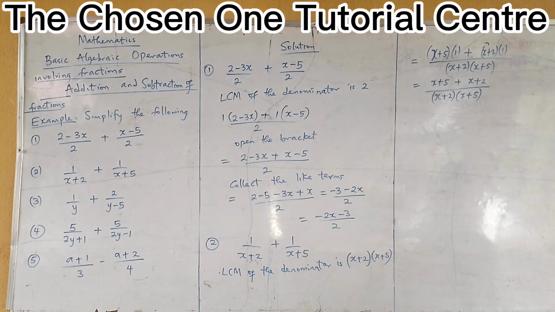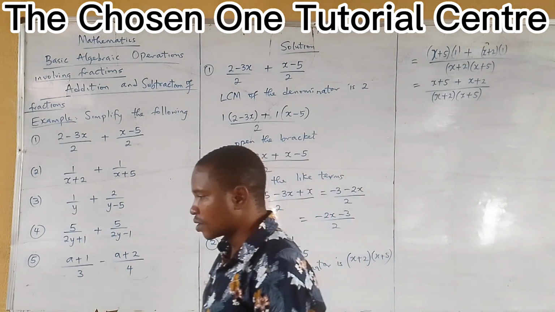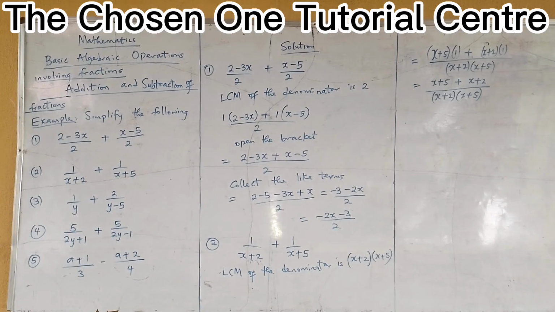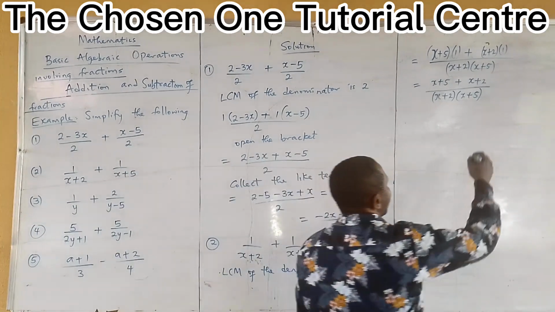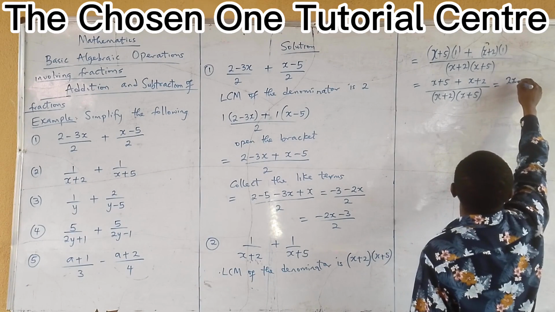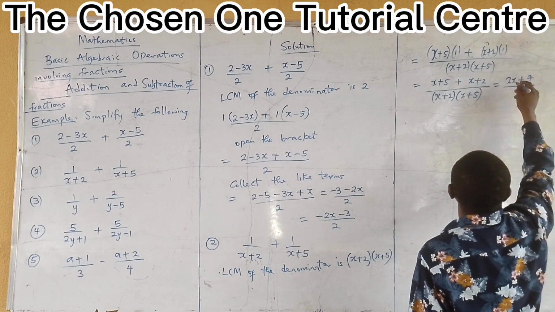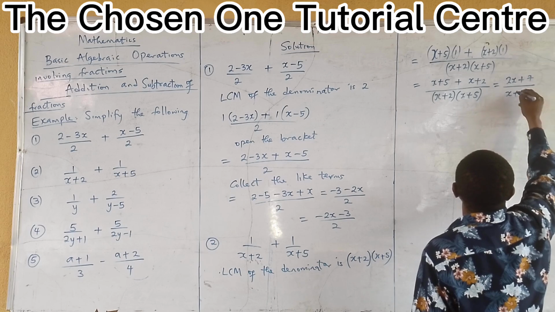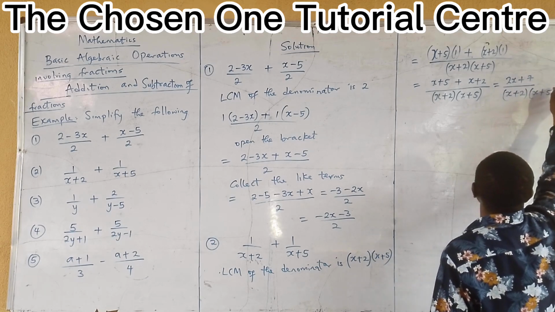I always encourage my students to open the numerator part only. Just leave the denominator side. That's 2x plus 7 over (x plus 2)(x plus 5).